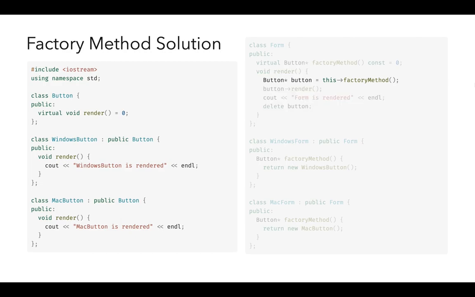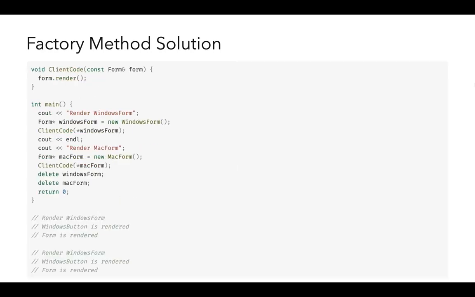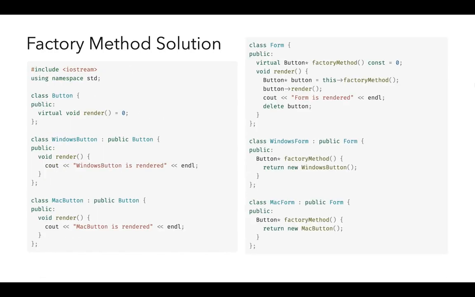The factory method will be the virtual method, and the two subclasses, Windows form and Mac form, will override the factory method. In the render method, we will call that factory method. And then this factory method returns a button, dependent on which form we want to create, Windows form or Mac form, and it will call the button dot render method.